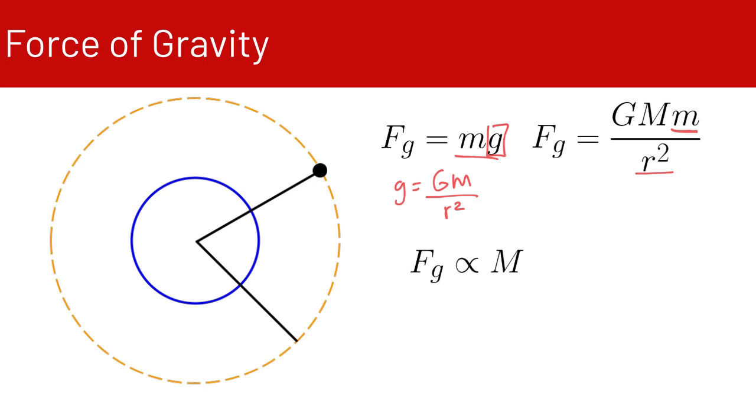So notice here that F sub g is directly proportional to the large mass. It's directly proportional to the little mass. And it's inversely proportional to the radius squared.